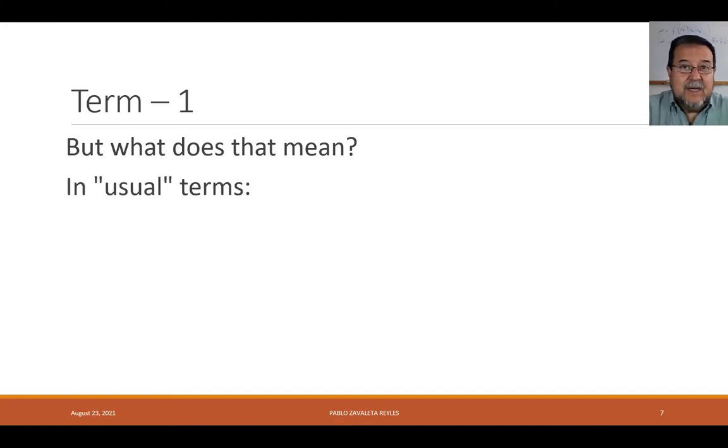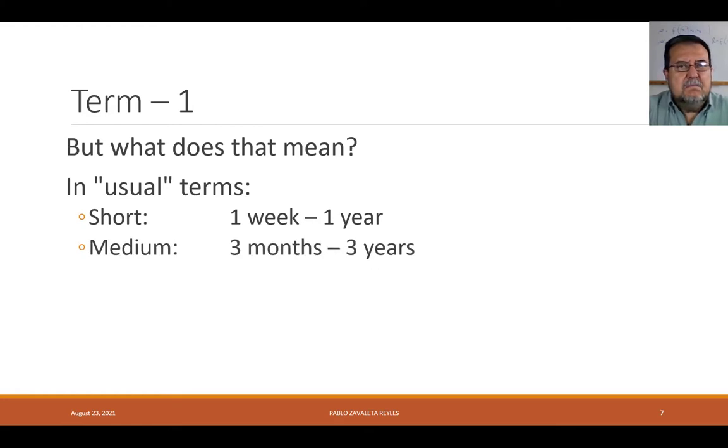Usually, but be careful with this, short is between 1 week and 1 year. Medium is between 3 months and 3 years. Long is larger than 3 years. But always take this with a grain of salt.